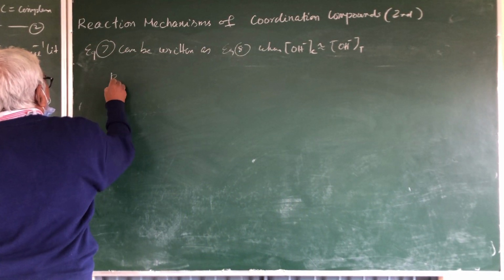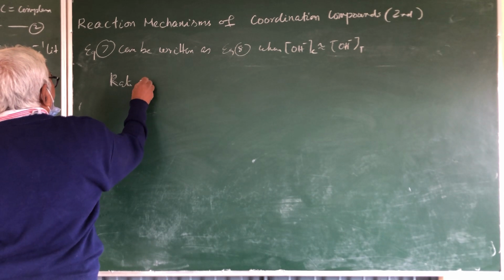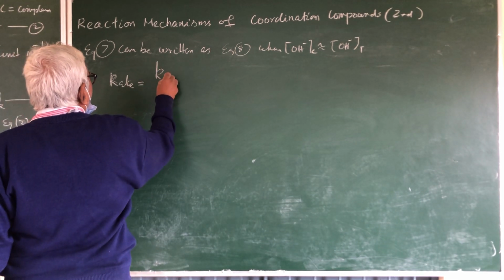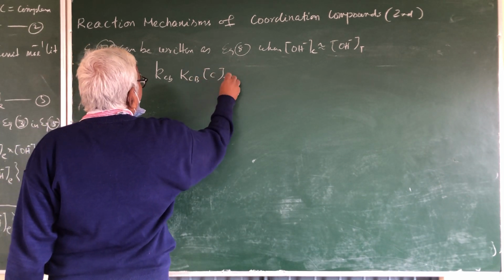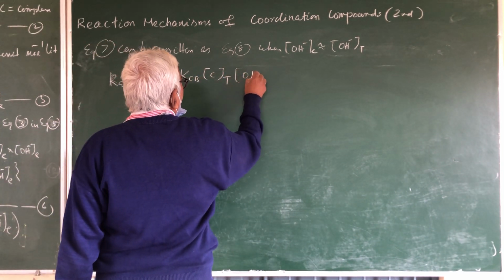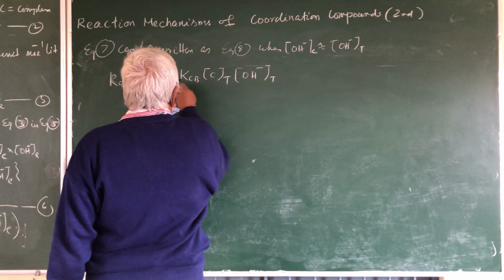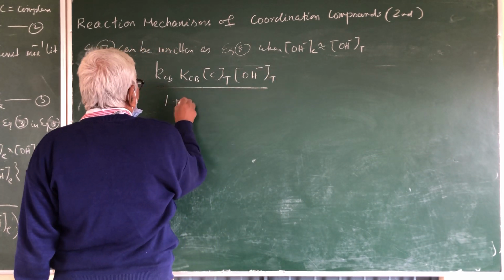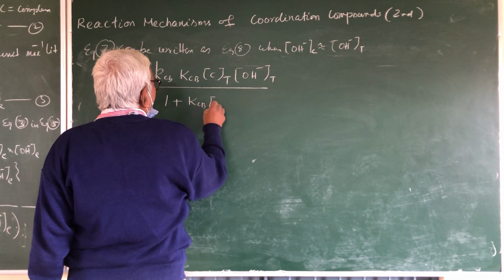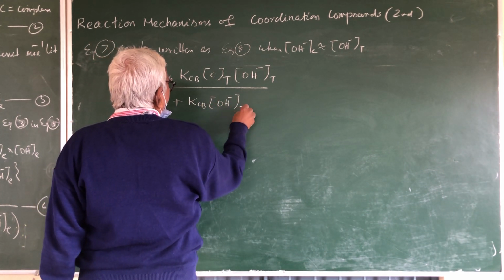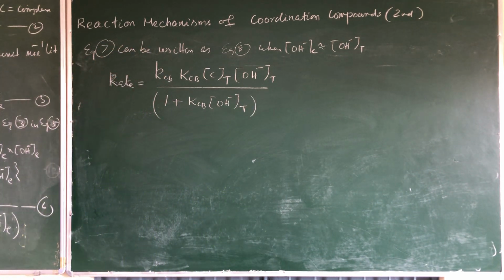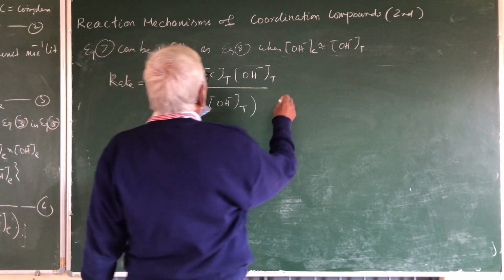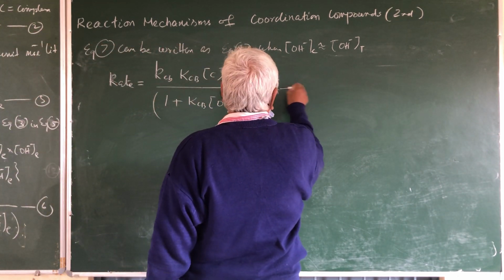So rate will be equal to KCB into K into complex total into hydroxide total by 1 plus KCB into hydroxide total. Now this is our equation 8, equation 7 over equation 8.